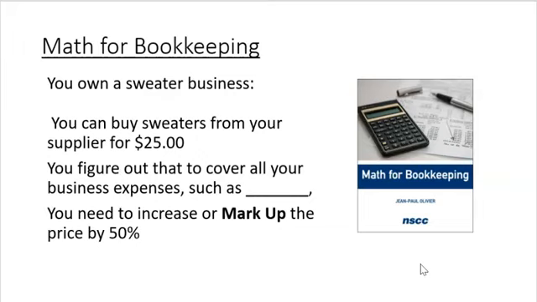You figure out that to cover all of your business expenses, such as, and we talked about it earlier, wages, insurance, the cost of electricity, the cost of your cash register or your electronic equipment that you use to ring up the sale, and so on, you need to increase or mark up the price by 50%. Okay, so how do we do this?